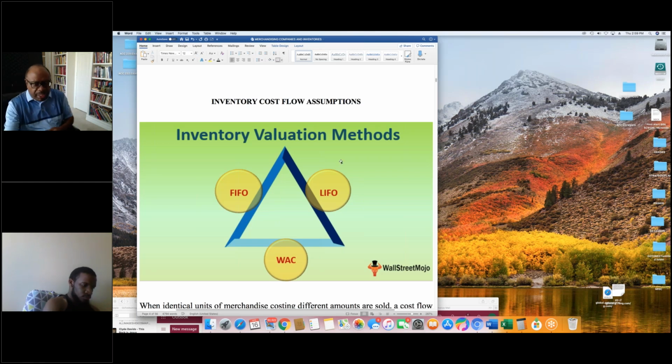There are 3 ways to do it. We can sell the first ones, first in, first out, FIFO. We can sell the last ones, LIFO. We can just sell them as a weighted average. So there are 3 inventory valuation methods: FIFO, LIFO, and weighted average. We're going to start off with FIFO, and you'll have a quiz on FIFO on Tuesday. So we're just going to look at FIFO, first in, first out.